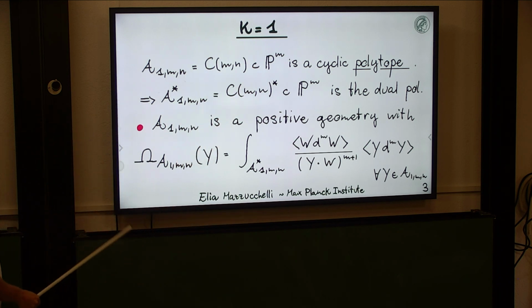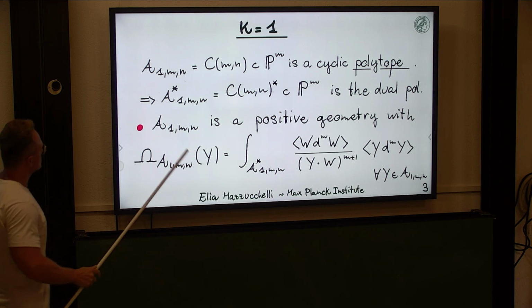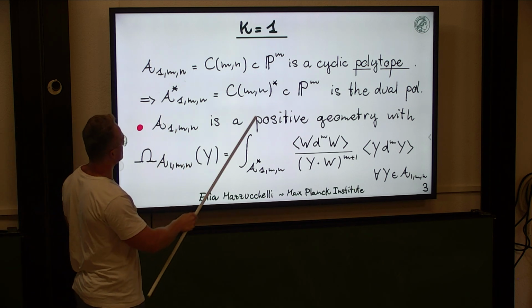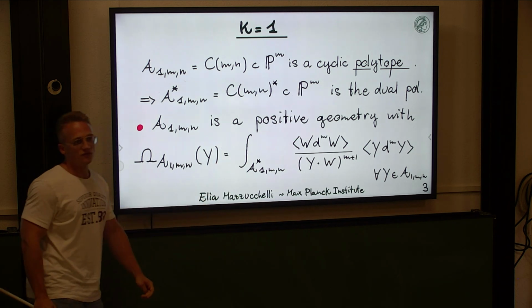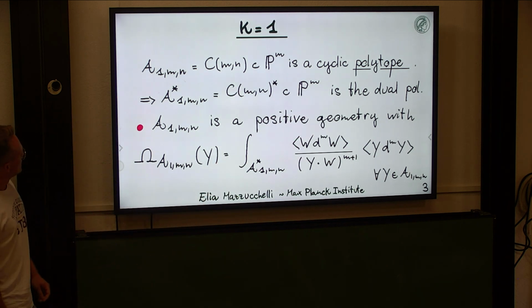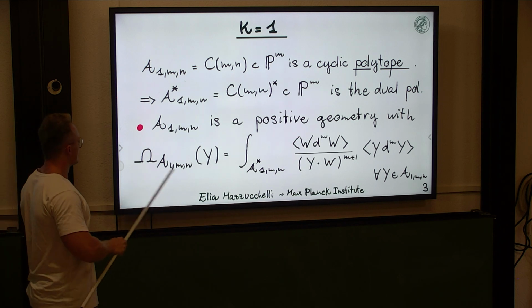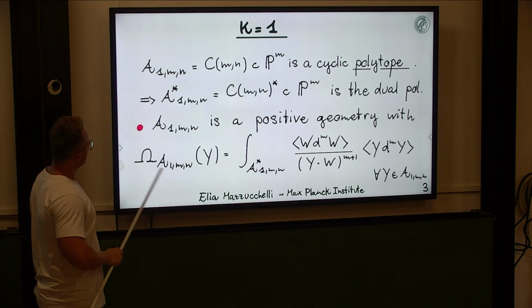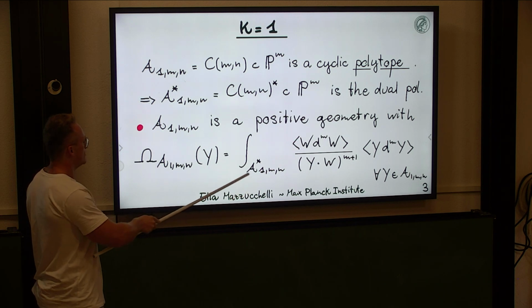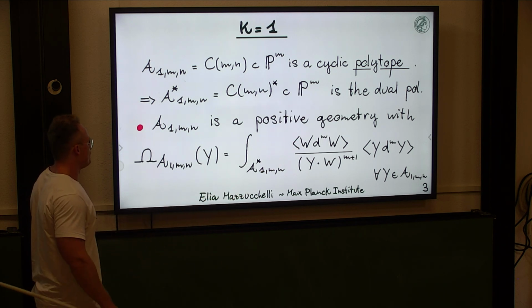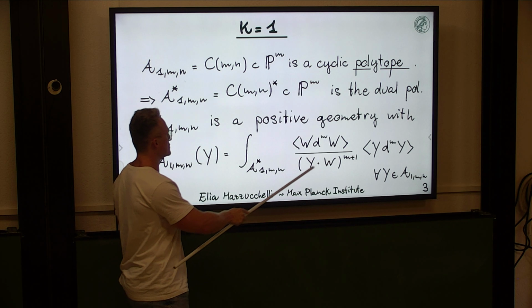space. And what we mean by a dual volume representation is that we can take the dual of the cyclic polytope as, again, a full-dimensional polytope, and we can write the canonical function of this polytope as an integral over the dual polytope by this measure here.